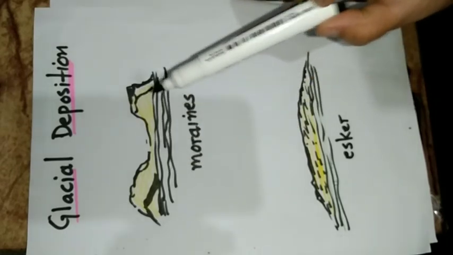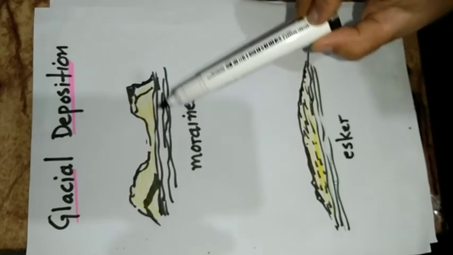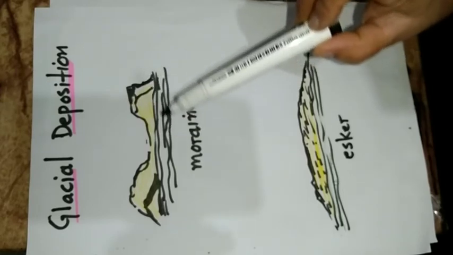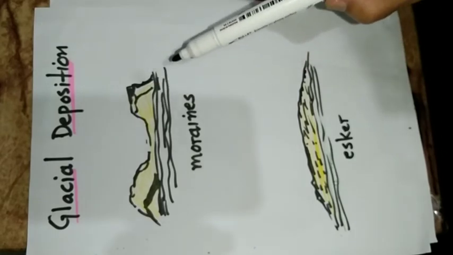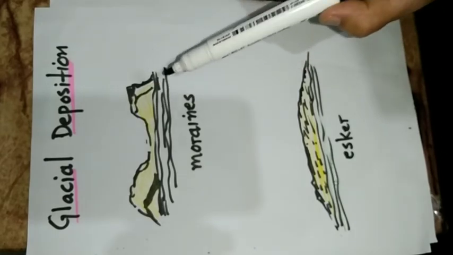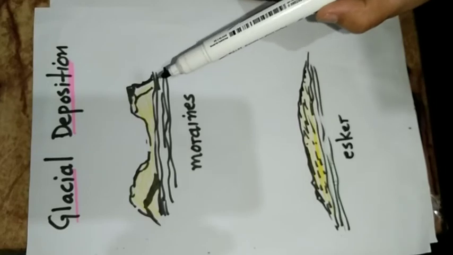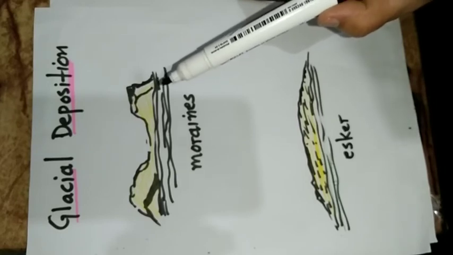When a glacier moves, it deposits till or mounds, and these are called moraines. This is a landform created by glacial deposition.